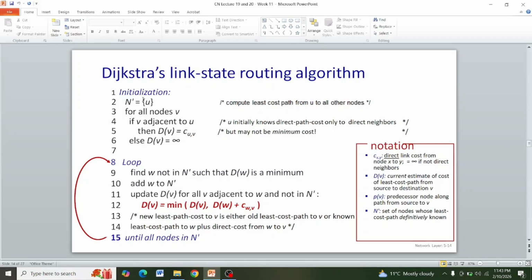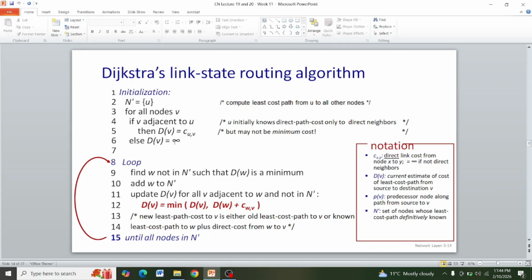For all nodes V adjacent to U. Here V denotes all other nodes of the network that are not U. If V is adjacent to U, then D(V) is equal to C(U, V). It means that the cost of moving from U to V, in case U and V are directly connected.